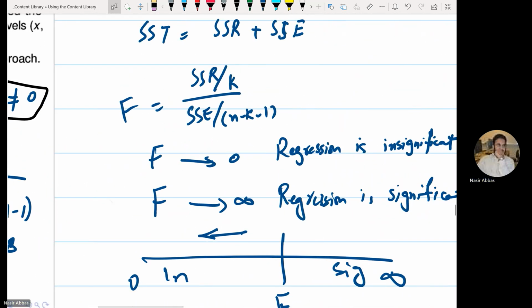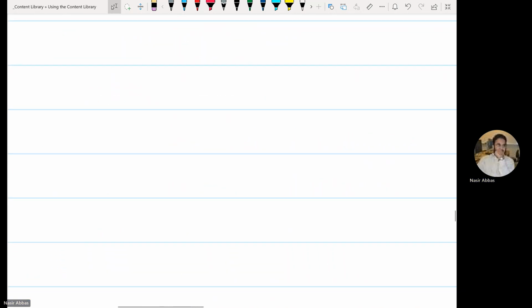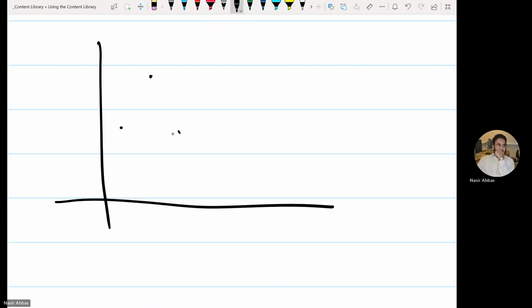Look here. If the regression is insignificant, you will have a scatter plot like this. In this scatter plot, when X is going rightwards, where is Y going? Nowhere.